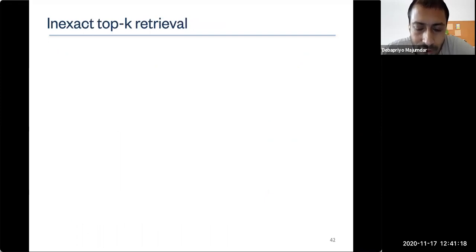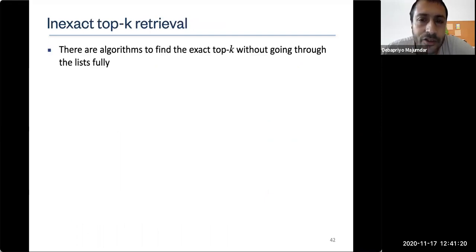Now, there are algorithms to find the exact top k. So what you have are items or document IDs and scores in multiple lists, and you have to aggregate the scores across the lists, right? The same document ID may be present with different scores in different lists. For some term the TF-IDF score could be something, for some other term the same document's TF-IDF score could be something else.